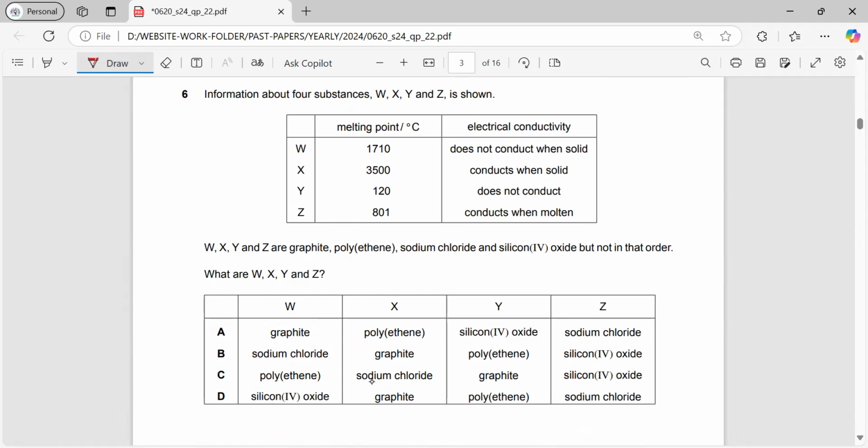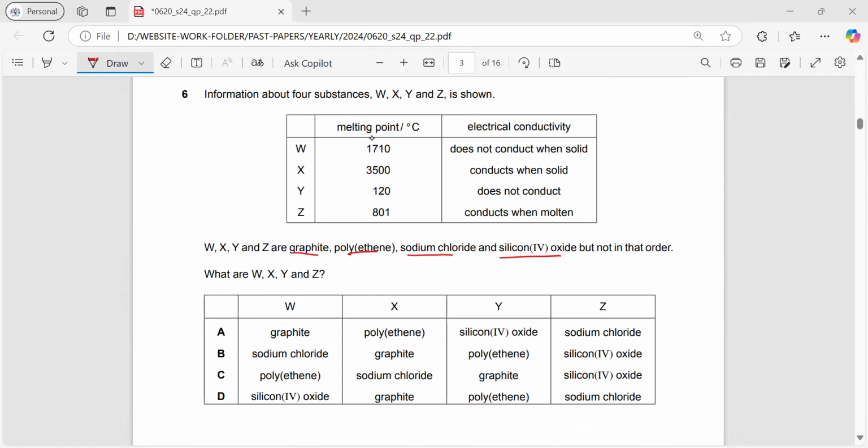Y has a low melting point and does not conduct. Z has a somewhat low melting point and conducts when molten. W, X, Y, and Z are graphite, polyethylene, sodium chloride and silicon oxide, but not in that order. What are W, X, Y, and Z?